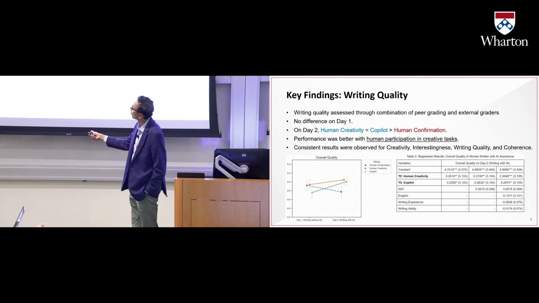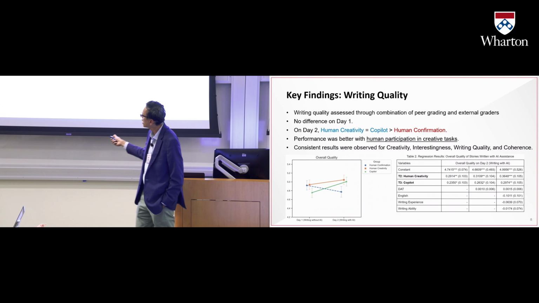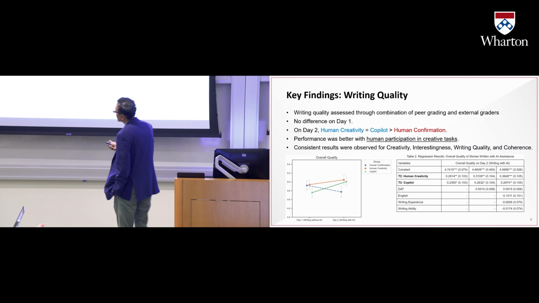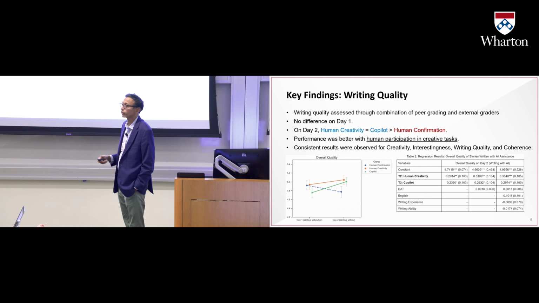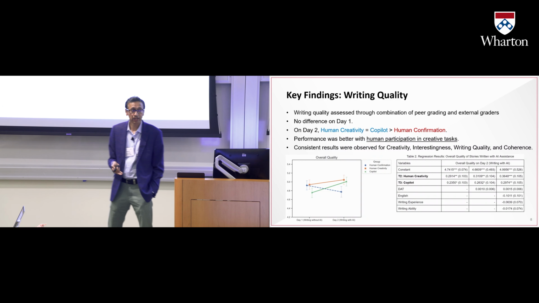If you look at what's happening on day 1 when there's no AI, the overall quality scores of the 3 groups are similar. In fact, for the Copilot group, for some reason, it's slightly lower than the other 2, but there's no statistically significant difference. On day 2, when they can use AI, what we found was that the human creativity group and the Copilot group had higher overall quality scores than the human confirmation group.